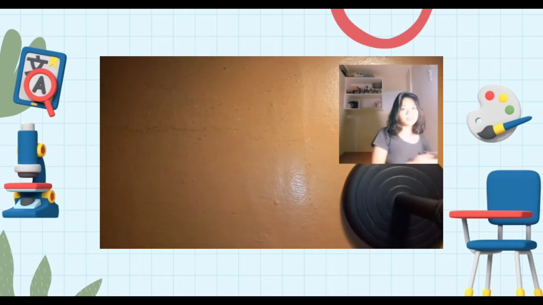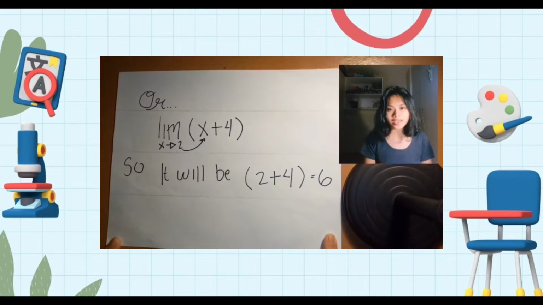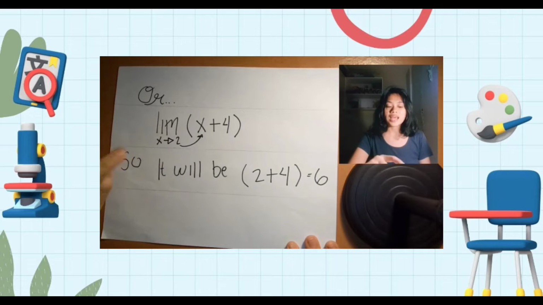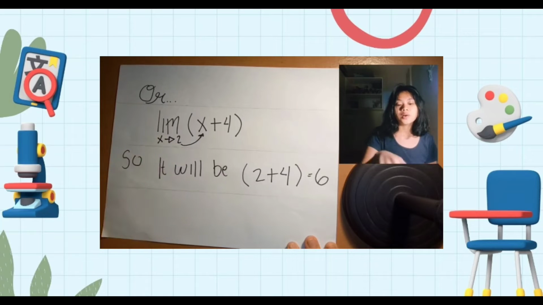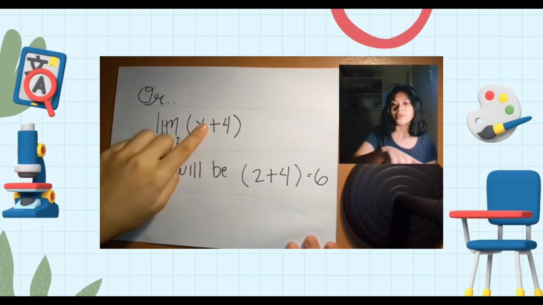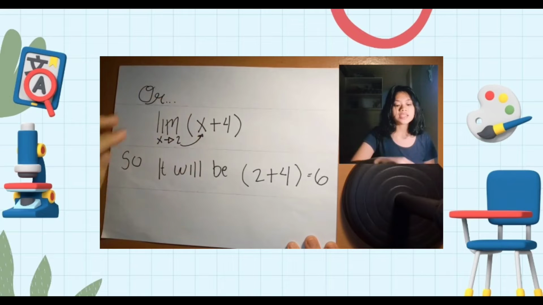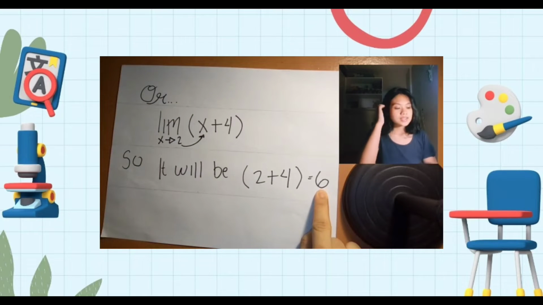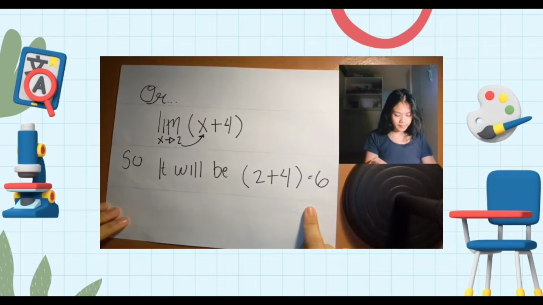But I'm going to choose some easy way to do it, or we can do it as the limit of x plus 4 as x approaches 2. We will substitute the 2 in the parentheses, so it makes it easier. So it will be 2 plus 4 equals 6, same as the outcome in our table.